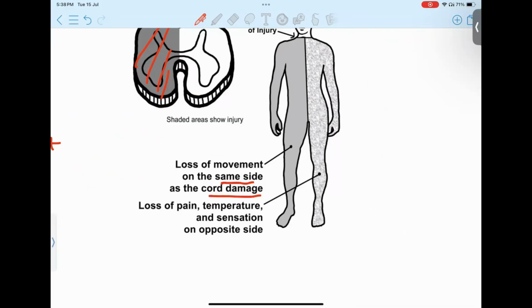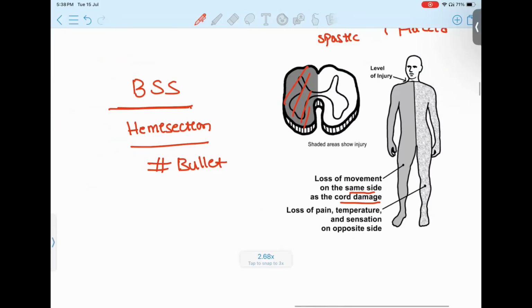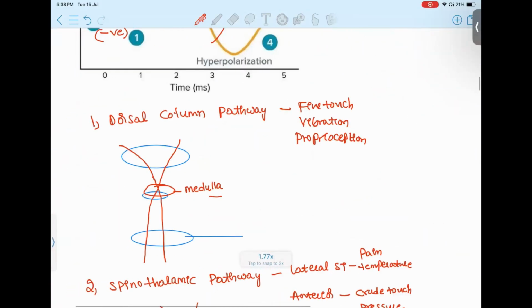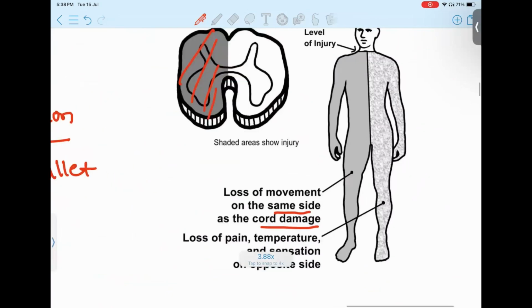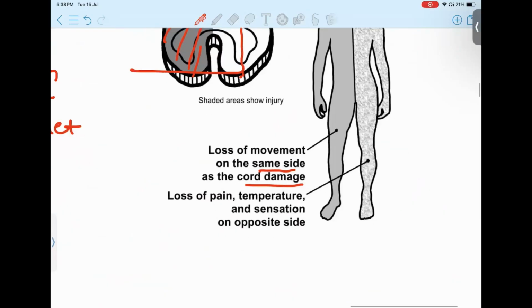Why is this seen on the same side of the damage? Because here you can see the dorsal column pathway is coming towards the same side only. So if it is damaged on this side, it will be affected on the same side. And when it comes to the spinothalamic pathway, the pathway is going to cross to this side, right? So the patient won't be affected on this side; it will be affected on the contralateral side.